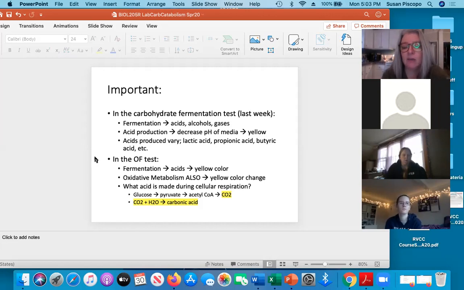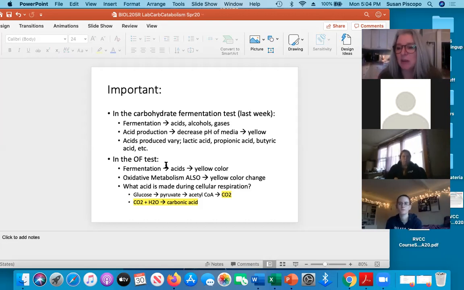Now, in this OF test, we also see the media turning yellow. It's a different indicator dye, but it still turns yellow in the presence of acid. So we know where acid comes from in fermentation. It comes from lactic acid, propionic acid, butyric acid. But the question is, where does the acid come from in cellular respiration?